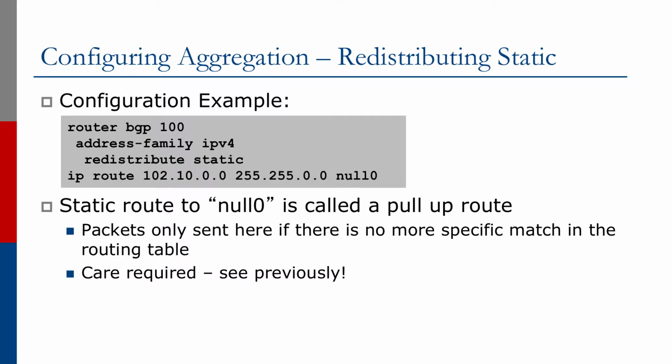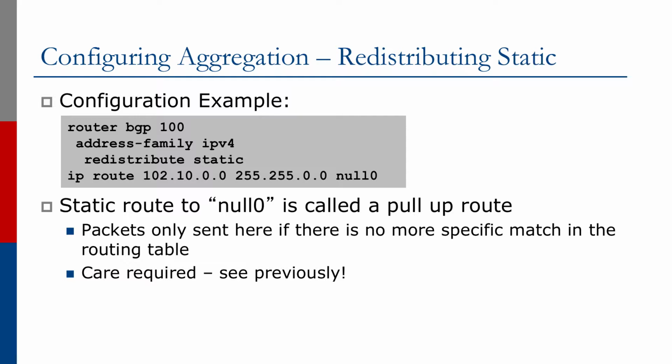So this is actually very handy, and it has two purposes as well. Not only will this introduce the aggregate into the global RIB, but it also means that packets headed towards that address space for where there's no more specific routing entry, they will just be silently discarded by the router.